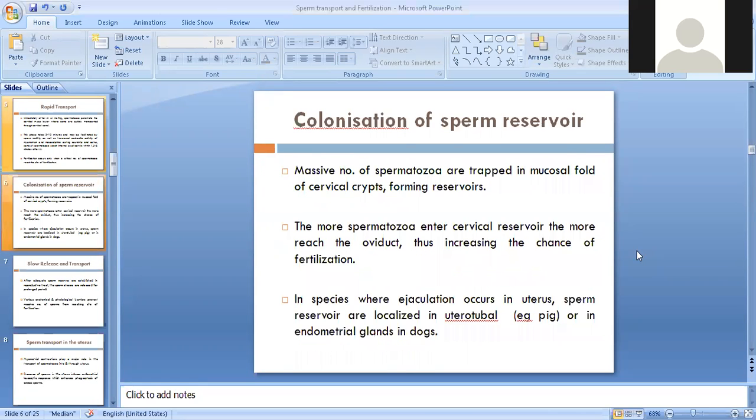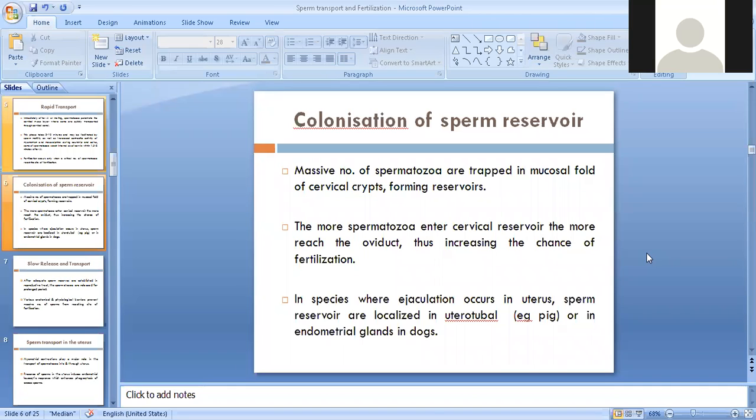Another thing that happens to these sperms is when they enter the cervix, there are mucosal folds which form cervical crypts. So these spermatozoa get trapped into those crypt-like structures, which are nothing but pits in the mucosa of the cervix. These spermatozoa get trapped into those crypts and they form reservoirs.